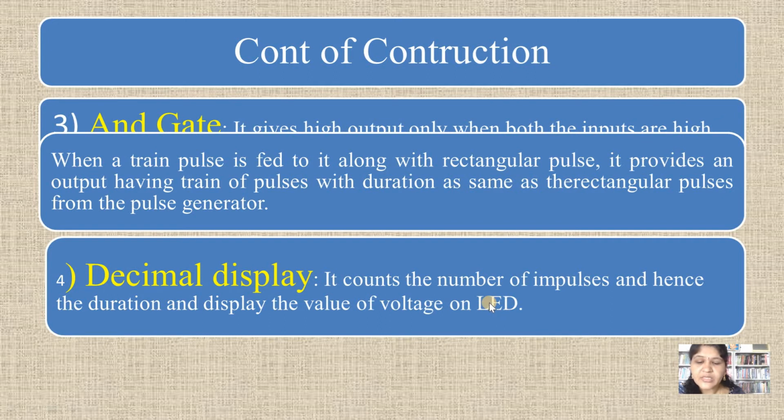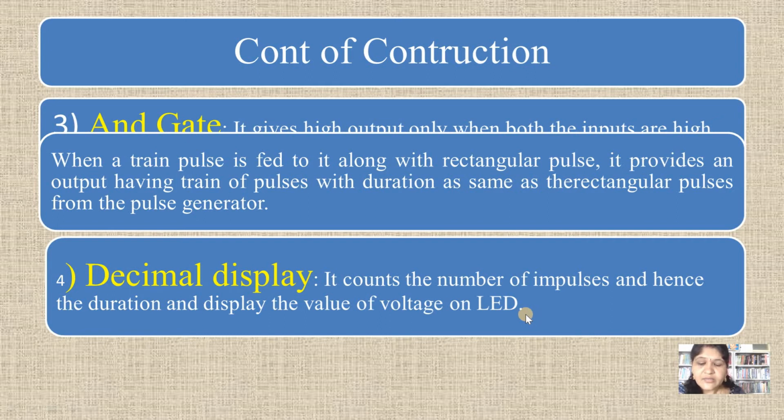So this counter and display unit is going to count the number of impulses. Here you can see these pulses are going to pass through the counter. It is going to count the number of pulses and then display it on the LED.